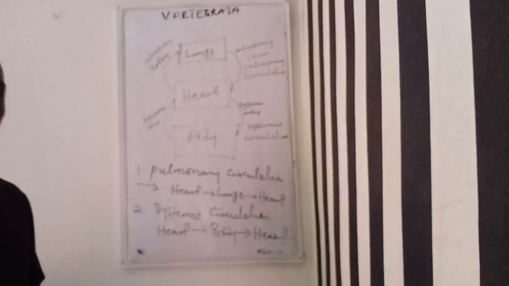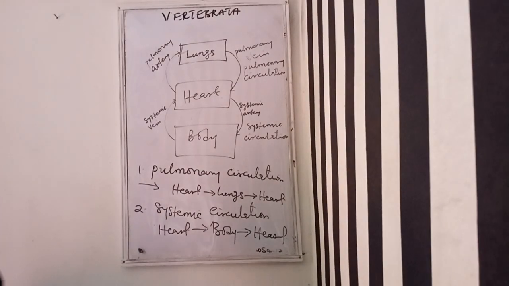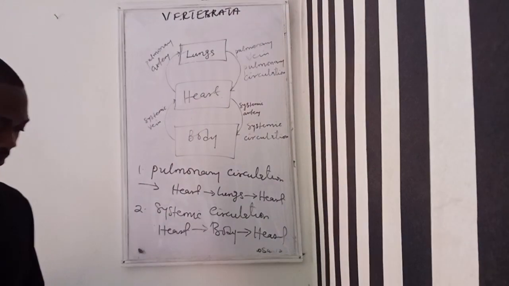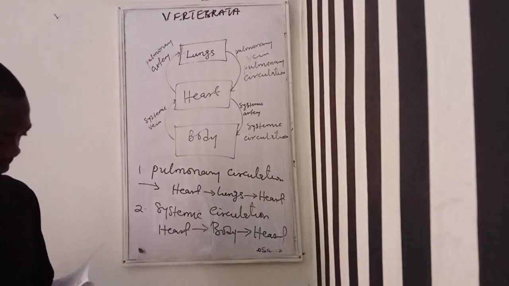So this is what we call double circulation in vertebrates. And I think that is where we are going to stop the class.